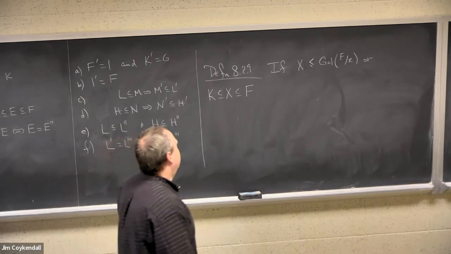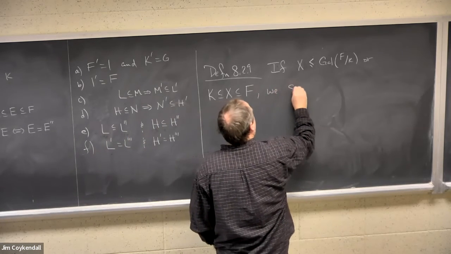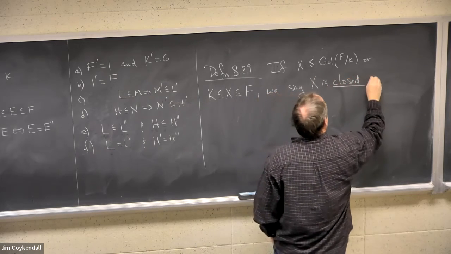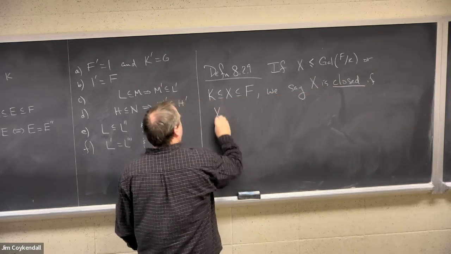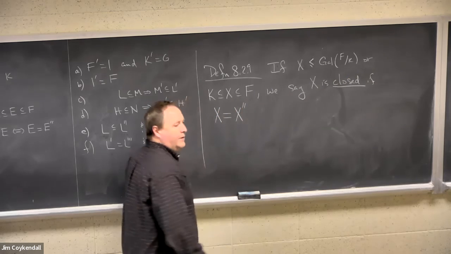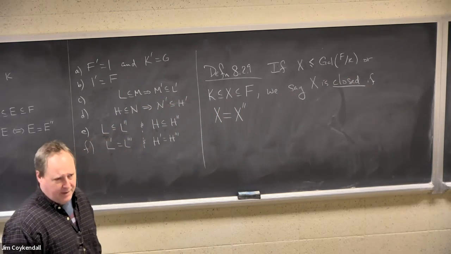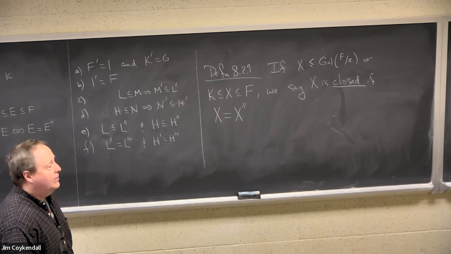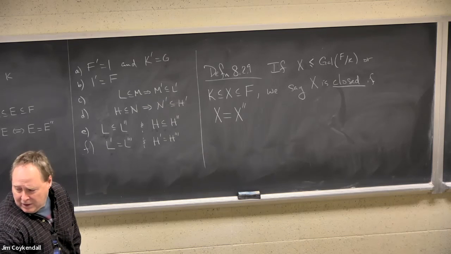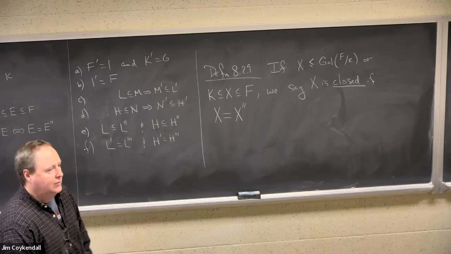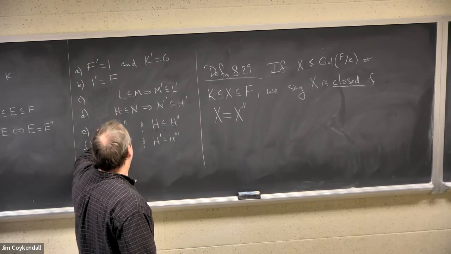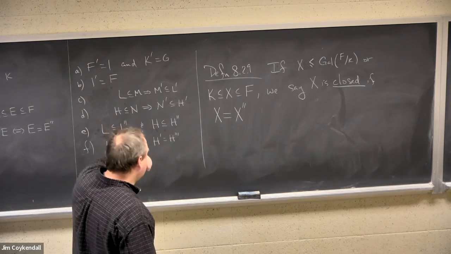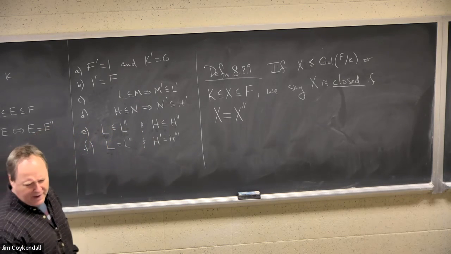We say X is closed if X is equal to its double prime. Notice that if an object X is closed, then by the previous theorem every prime after that is closed. Once you start with X, if it's equal to its double prime, you can just keep going, and they're all closed after that.